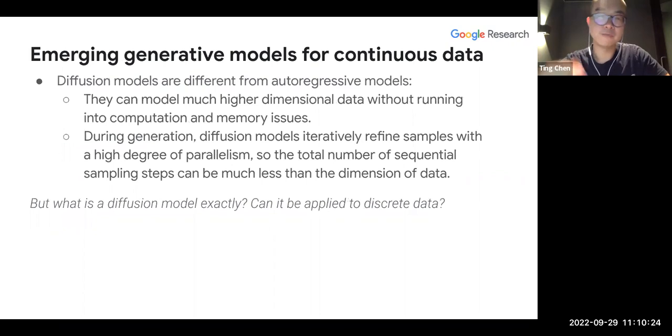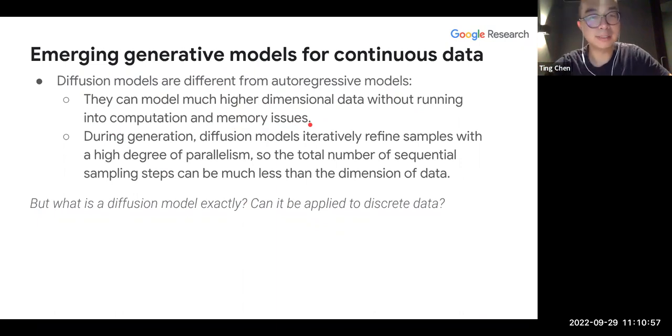So if we look at the other, recently emerging generative model for continuous data. Here we consider continuous data. You see a quite different paradigm of generative model based on diffusion models. They're different from autoregressive models in two aspects, at a high level. First, they can model much higher dimensional data without running into computation and memory issues, because they don't generate one token at a time.